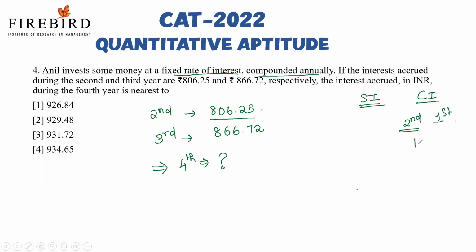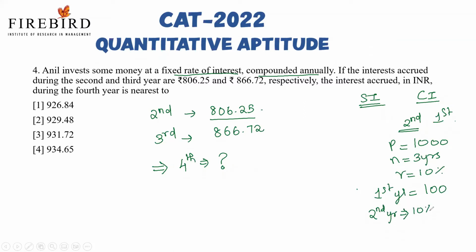Suppose I borrow 1000 rupees from a person, and after 3 years I have to pay some amount, with R equal to 10 percentage. At the end of the first year it is enough if I pay 10 percentage of 1000, which is 100. At the end of the second year I should pay 10 percentage of 1100.